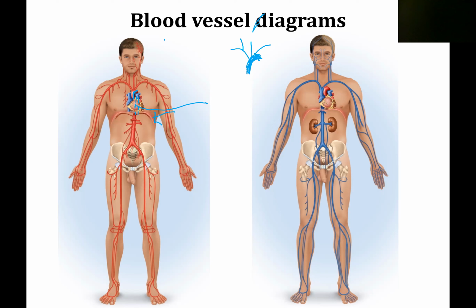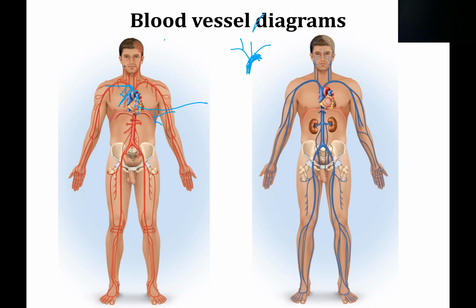And so from here until the branching here, that's what we call the brachiocephalic trunk. There's only one, so it's on this side. Brachiocephalic trunk.